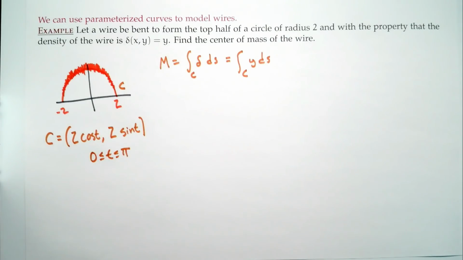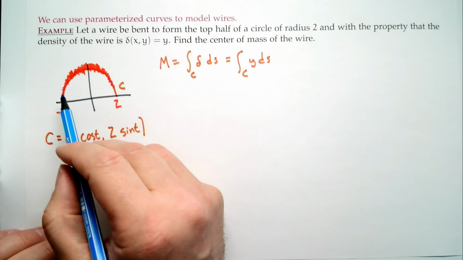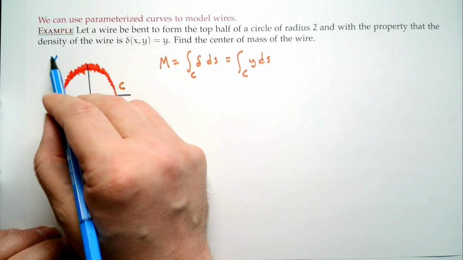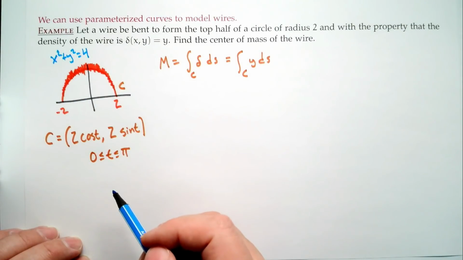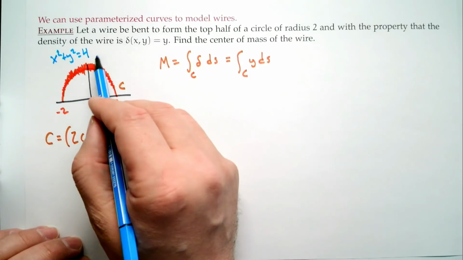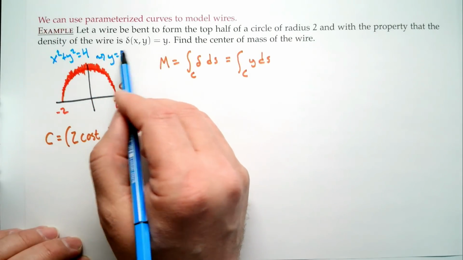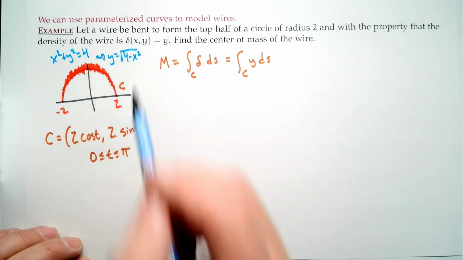Now, we could use that, or if you were more bold, we could say, I don't have to do trig. Look, this curve is x squared plus y squared equals 4. So I could rewrite this as y is the square root of 4 minus x squared.